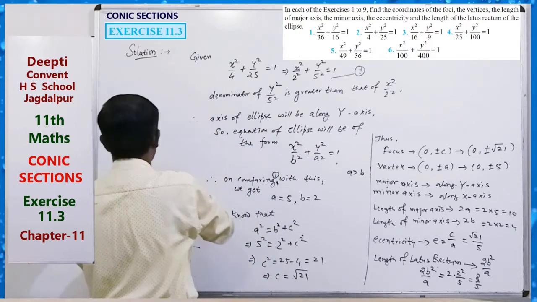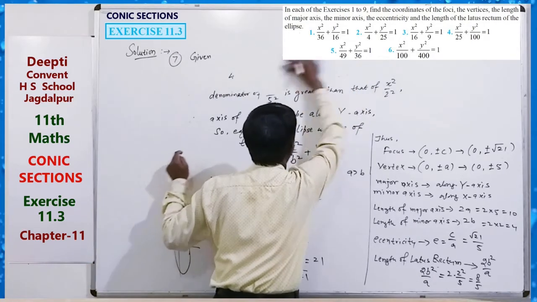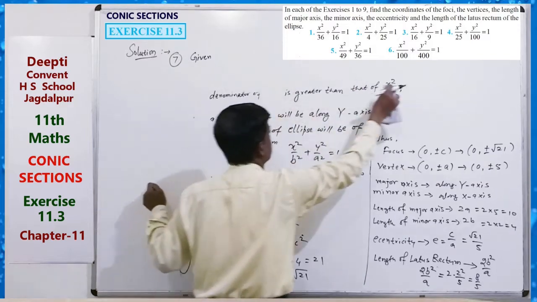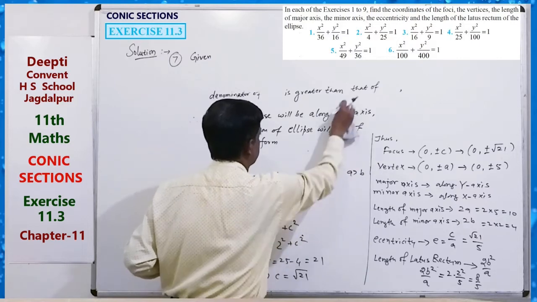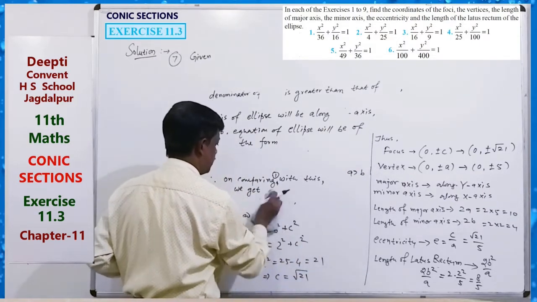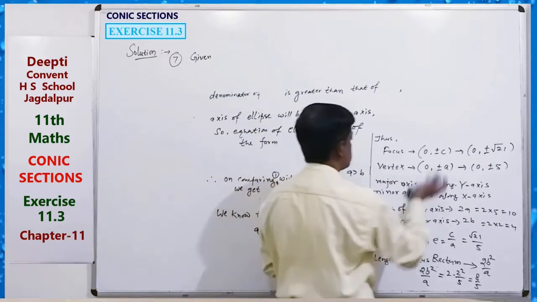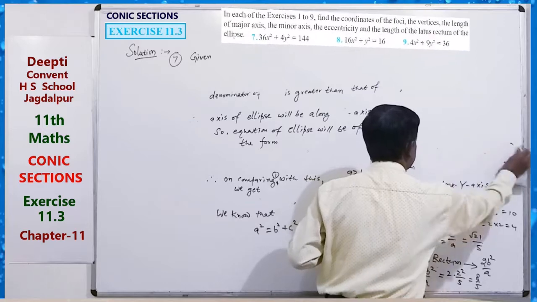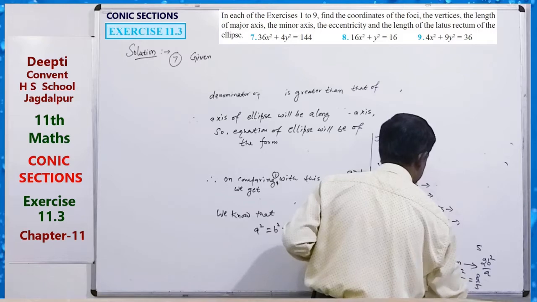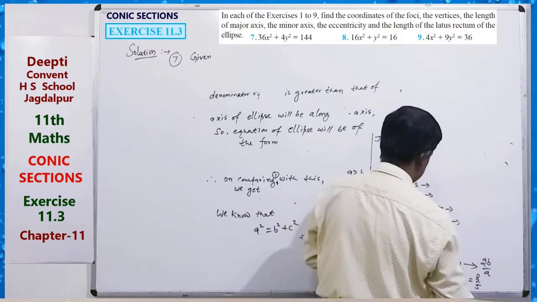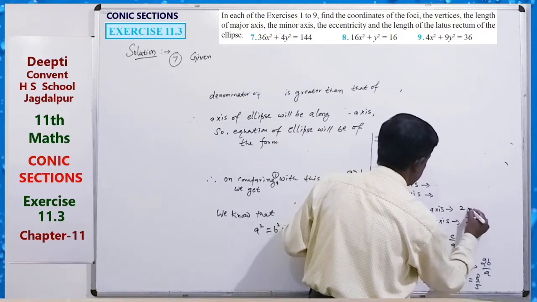Okay, question 7. Question 7 is given like this. e is always c by a, and this is 2b, this is 2a.